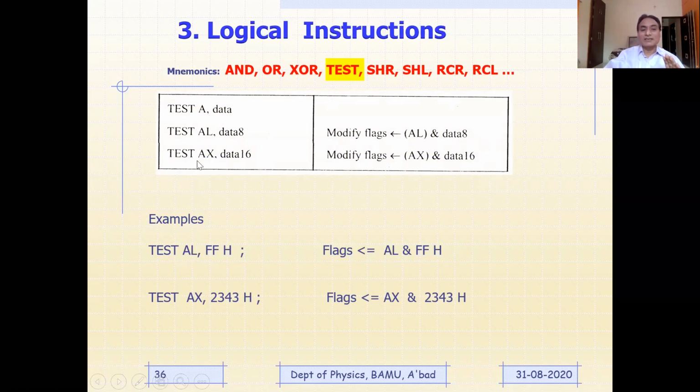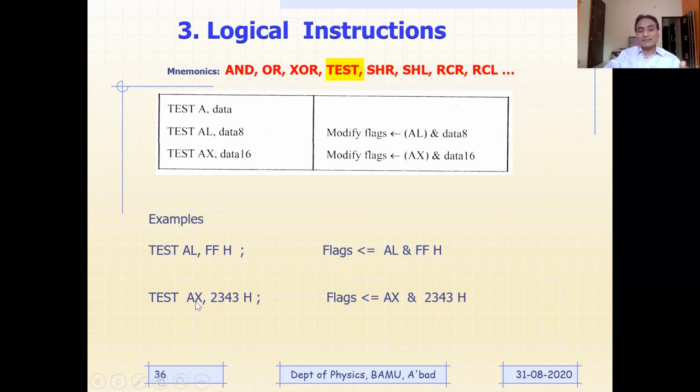Now the destination is always the accumulator, either 8-bit AL or AX. Accordingly the data can be either 8-bit data or 16-bit data. In case of 8-bit data, you can see TEST AL, FFH. It means FF is going to be logically ANDed with AL, and flags are going to be updated. No register is going to be modified during execution of the TEST instruction.